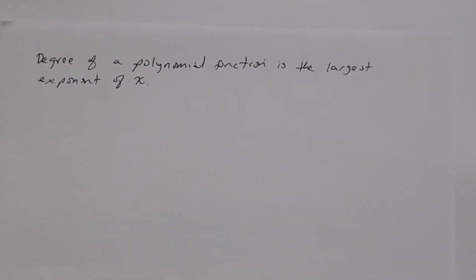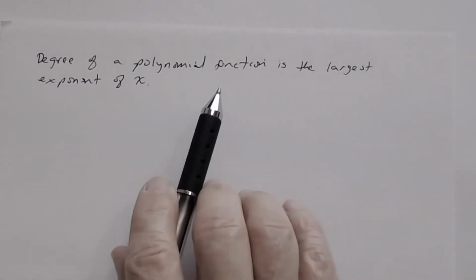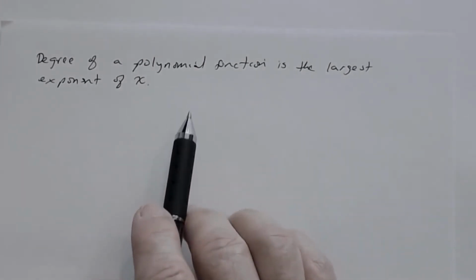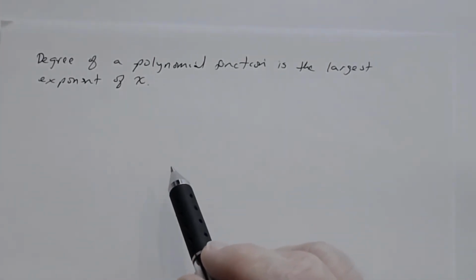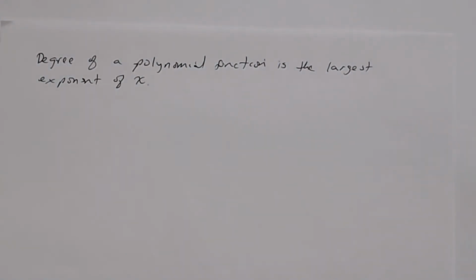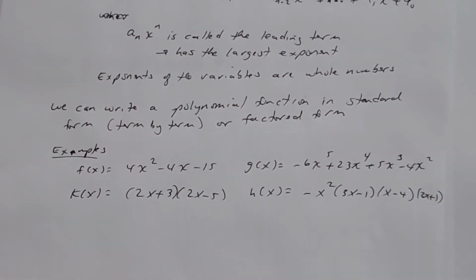Okay, so I want to remind ourselves how to find the degree of a polynomial function. Now remember, the degree of a polynomial function is the largest exponent. And we kind of talked about that at the beginning of this lesson as well, but we really talked about this in part 1. Now remember, a polynomial function can be given to you in one of two ways.